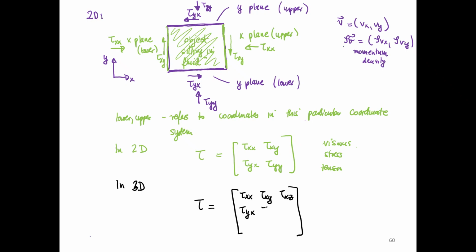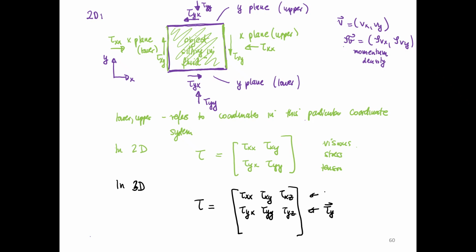Tau yx, yy, yz. Yes? So this is where my vector tau y is, right? That describes how x, y, z momentum components transfer across the y plane.